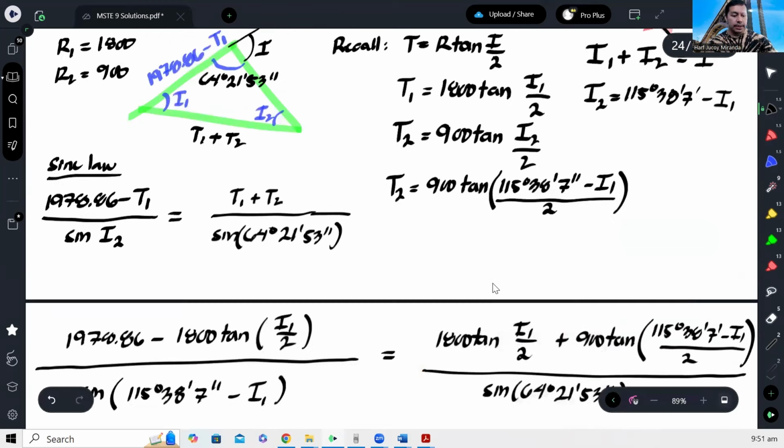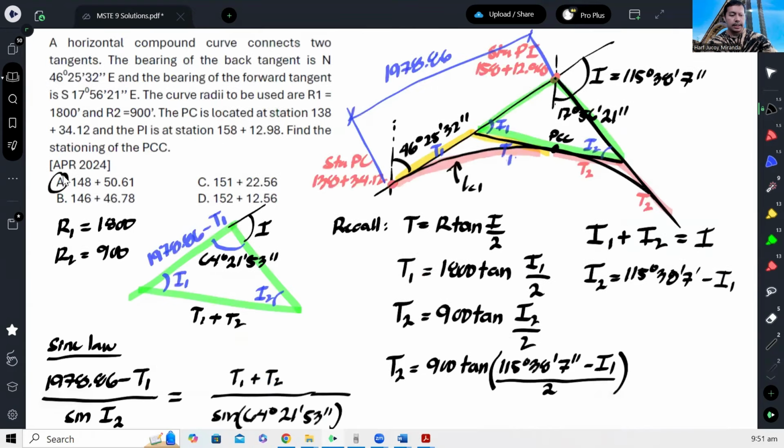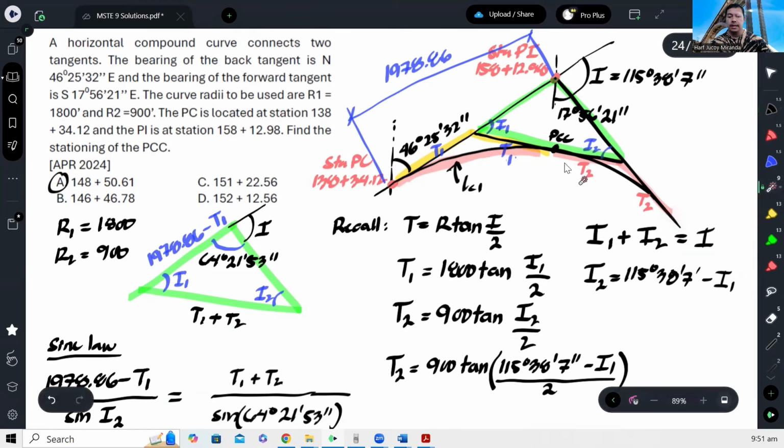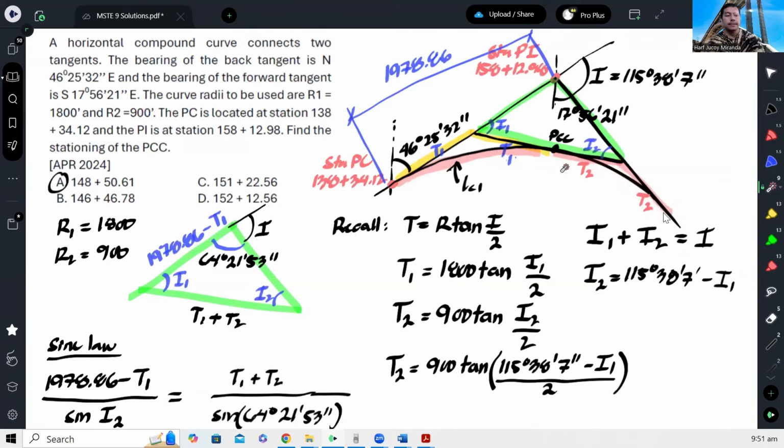Okay, and from the choices, that is letter A. Okay? Kung gusto nyo hanapin yung stationing ng PT, dito yung PT, di ba? So, idadagdag nyo lang yung length naman ng curve na to, LC2. So, ganun lang yun. Okay? So, that's how we solve this particular problem.